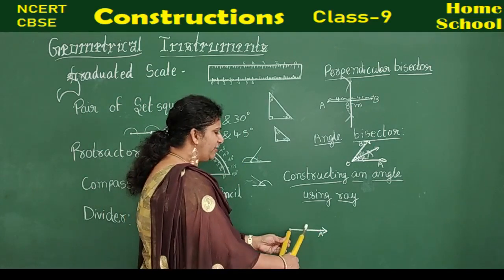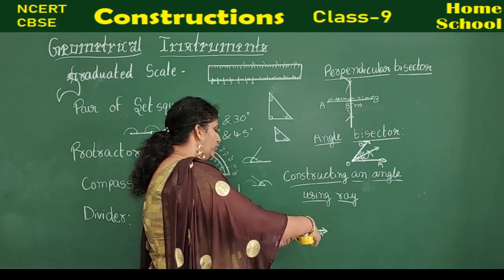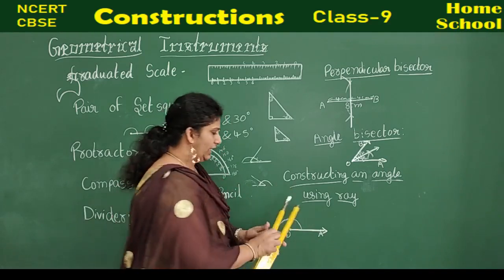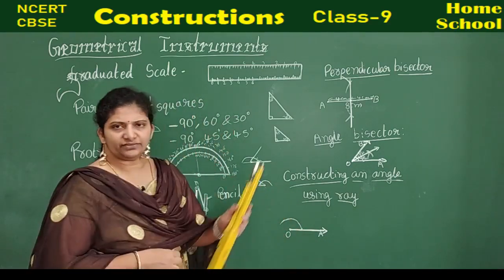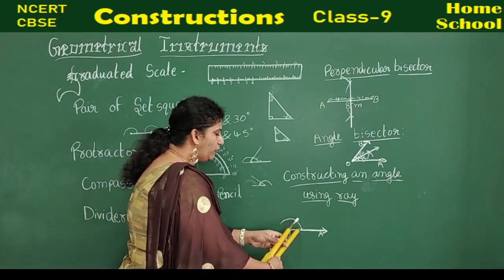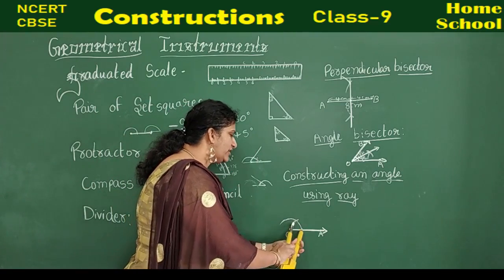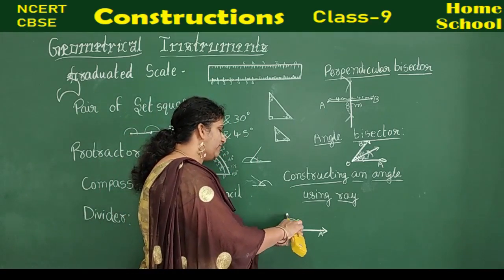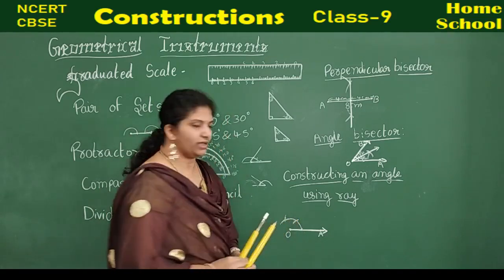Take some measurement, a little, no problem. So what you do? You go like this, right? Now, where the semicircle starts from the ray, from that point onwards, with the same measurement, don't change your measurement, cut an arc. And again where it intersects the semicircle, from there cut again.